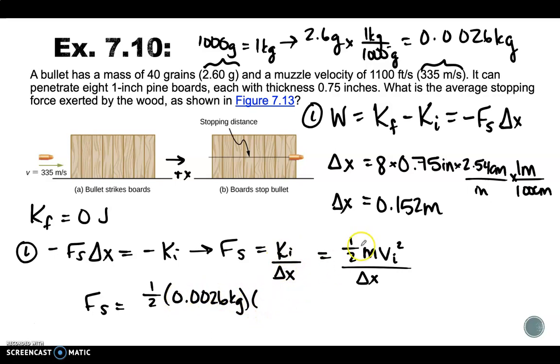And then multiplied by our velocity, which is 335 meters per second squared, and then divided by our displacement, which is 0.152 meters. Okay, so let's go ahead and do that calculation real quick.